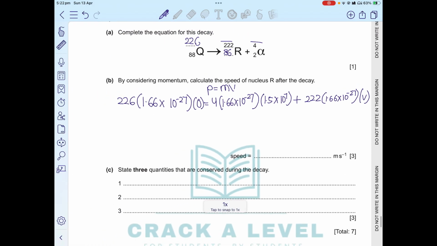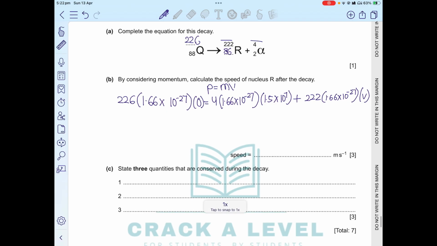It'll be pretty easy if you do this. Now 226 × 0 minus 4 × 1.5 × 10^7 divided by 222 gives 2.7 × 10^5.